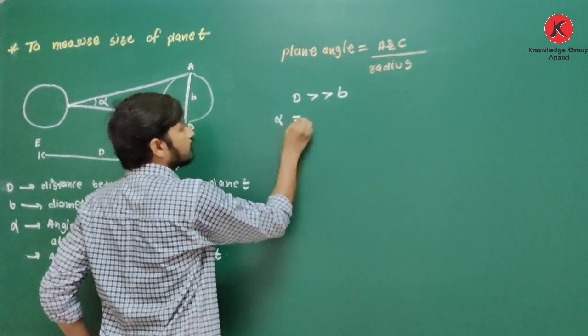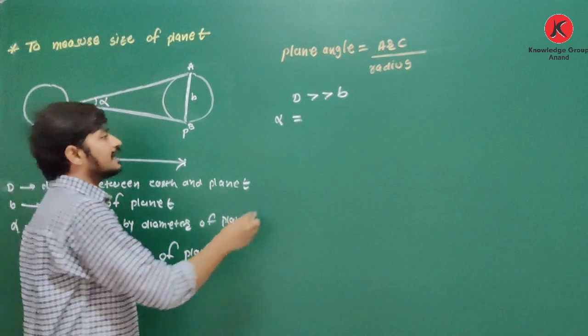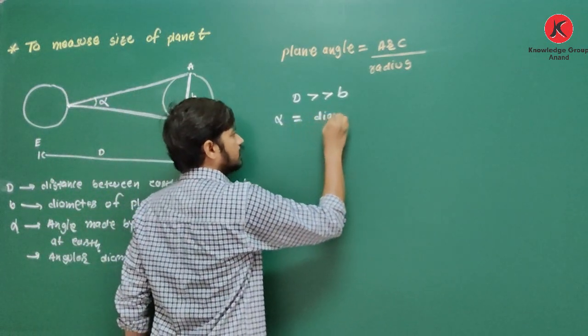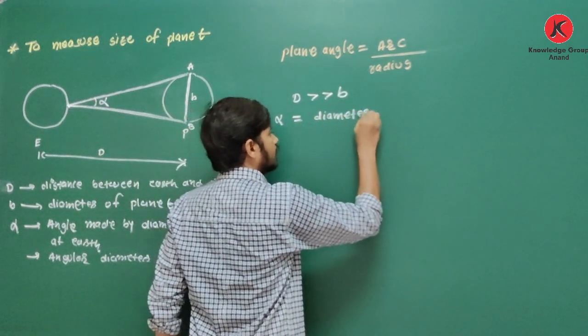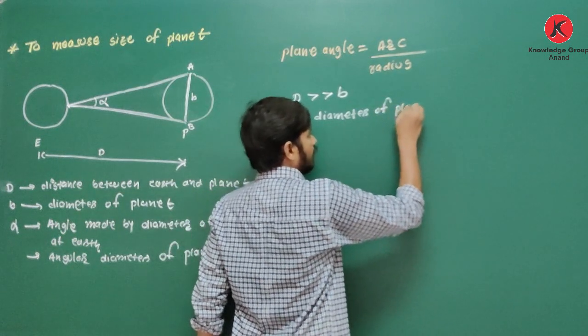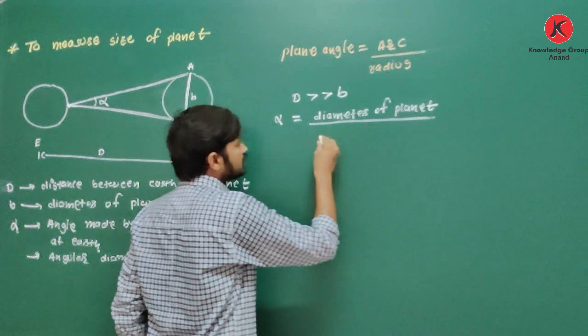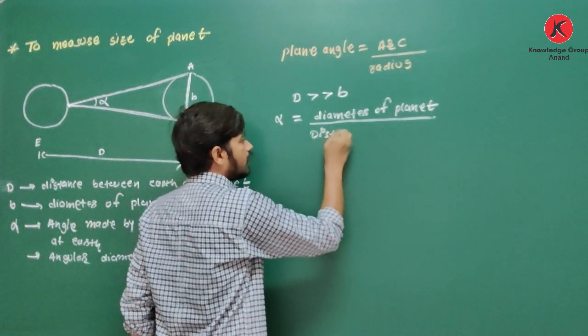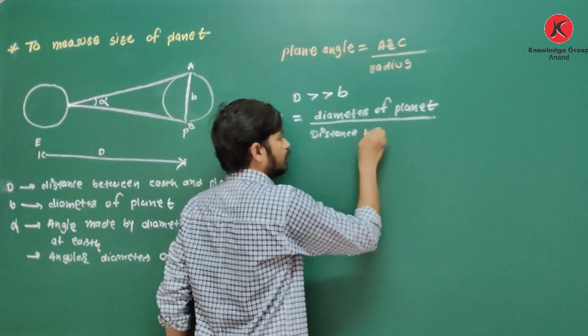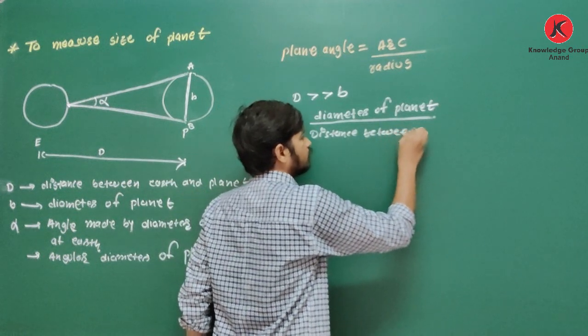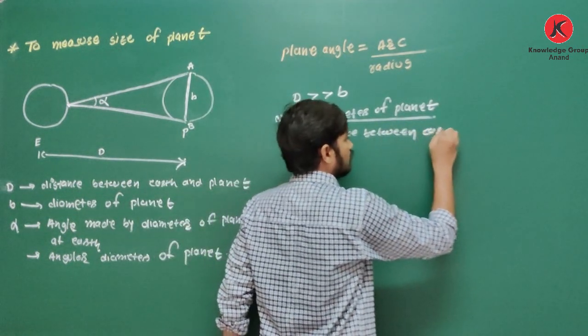As arc, I consider the diameter of the planet, divided by the distance between Earth and planet.